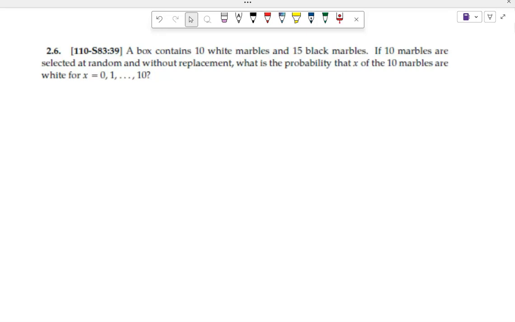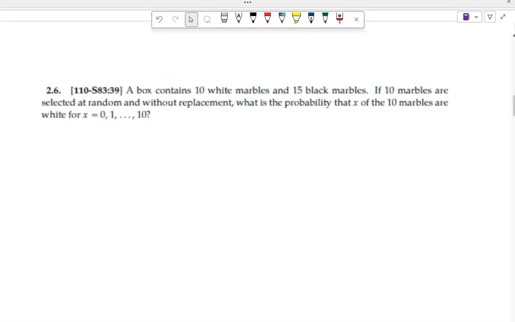Remember, without replacement means that something cannot get selected twice. The same idea, we're going to pick a group of 10 marbles at random. And then it asks us, what's the probability that X of them are white, for whatever those X values happen to be? But notice it's the same idea.